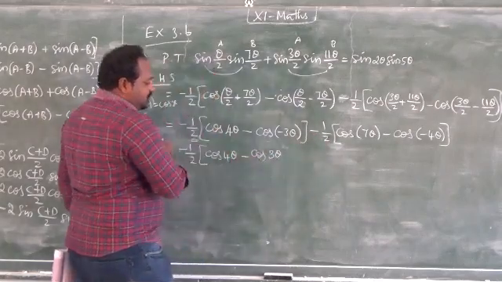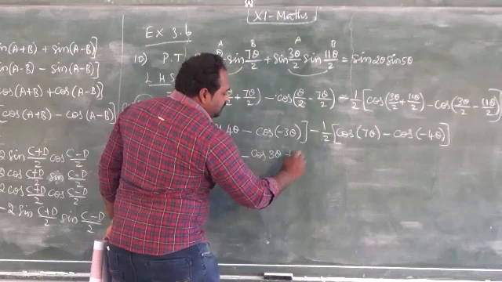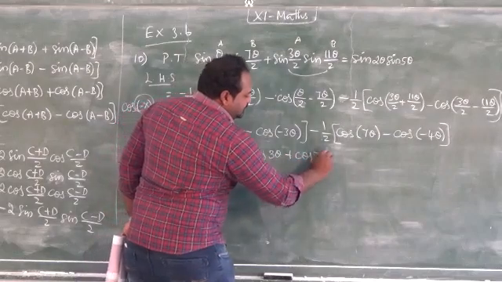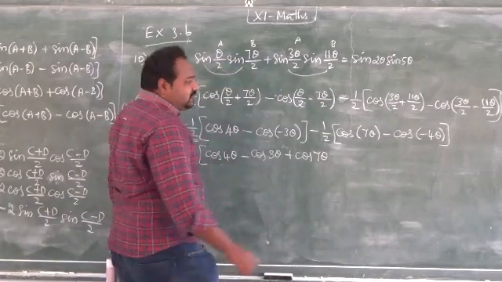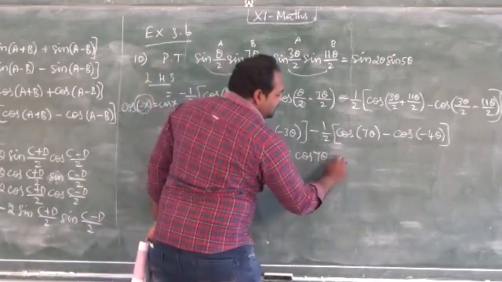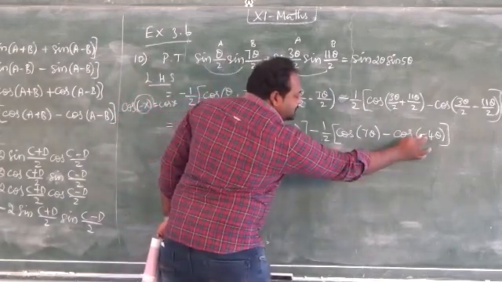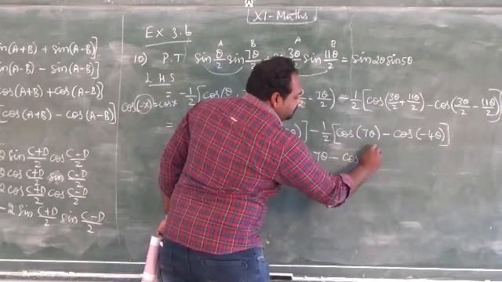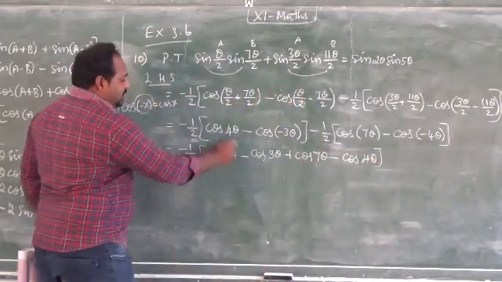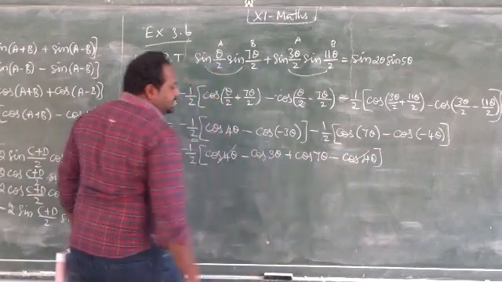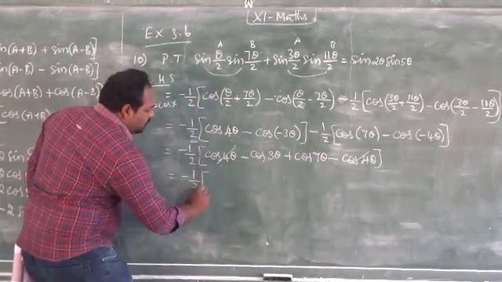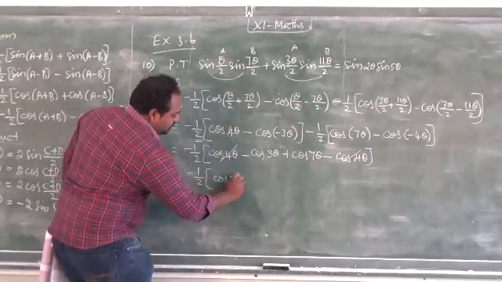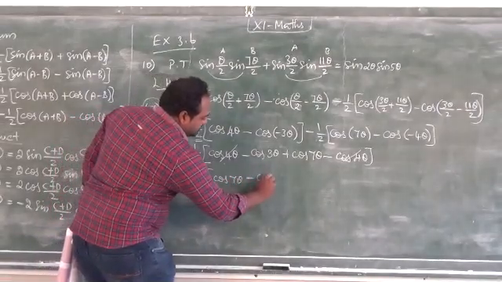Then plus cos 7 theta. Here cos of minus 4 theta will be cos 4 theta, so it becomes positive. After that we have a cancellation, minus 4 theta and plus 4 theta. Remaining we have minus 1 by 2 into cos 7 theta minus cos 3 theta.